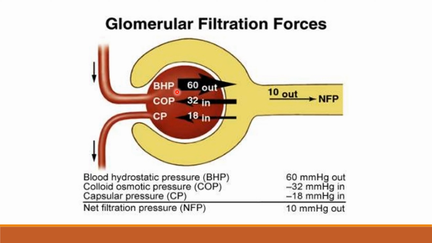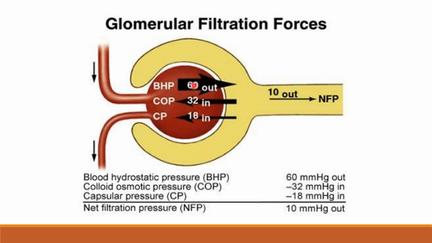Now, the glomerular capillary hydrostatic pressure tends to push fluid out from the capillary into the Bowman capsule, and it is 60, while the other 2 forces, the capillary oncotic and the Bowman hydrostatic, act against filtration.